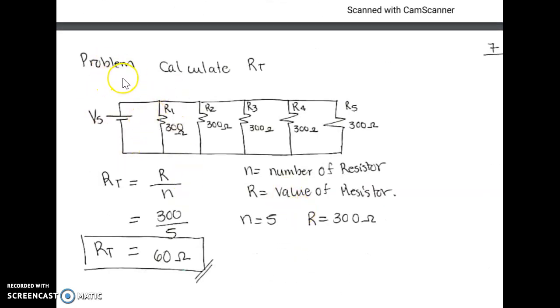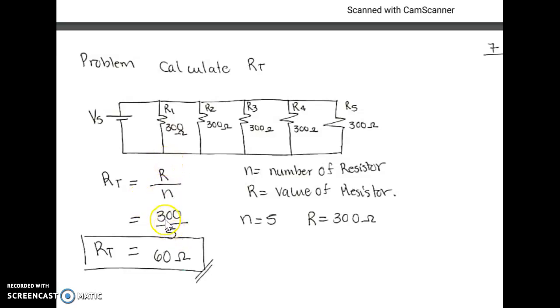In this problem, we are going to calculate our total. We have 1, 2, 3, 4, 5 different values. If we have the same value of resistor across in the parallel circuit, we are able to use this special formula, where we have the R value divided by the number of resistors that we have.